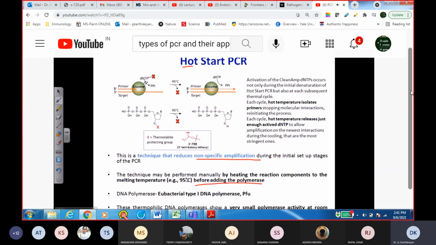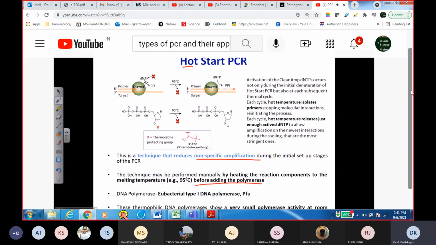Heating this mixture to 95 degrees Celsius, as the temperature is pretty close to the melting temperature, will not allow the primer to come and bind with the target region. So it will block the non-specific primer binding, and so it will block the non-specific amplification of the DNA.